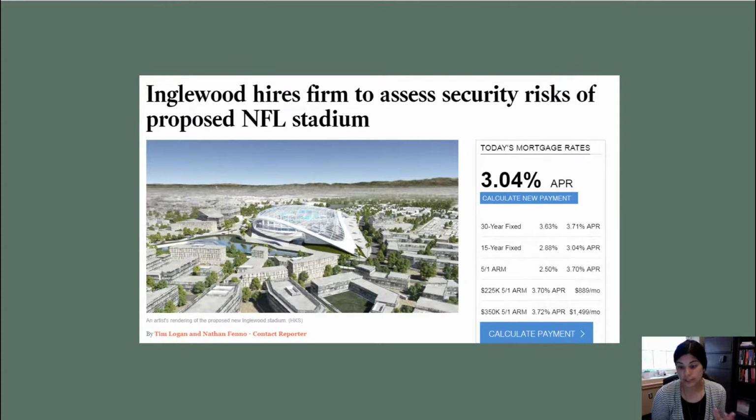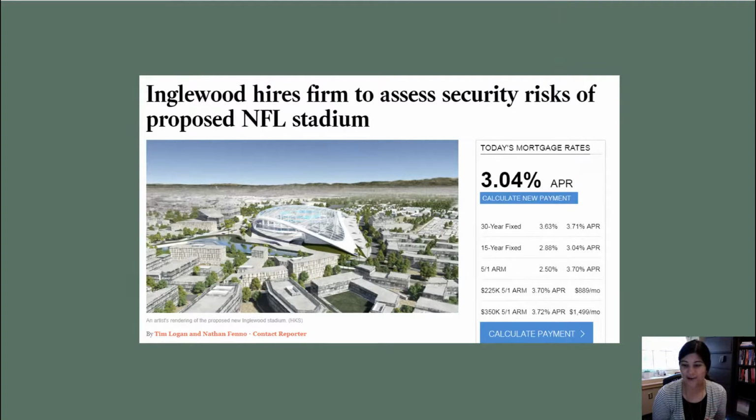So there were concerns that this could be a potential security risk for the facility and for the patrons of that facility. So rather than just saying, hey, we'll conduct our own risk management assessment, the team, in partnership with the city, hired a security firm to come in and assess that risk.